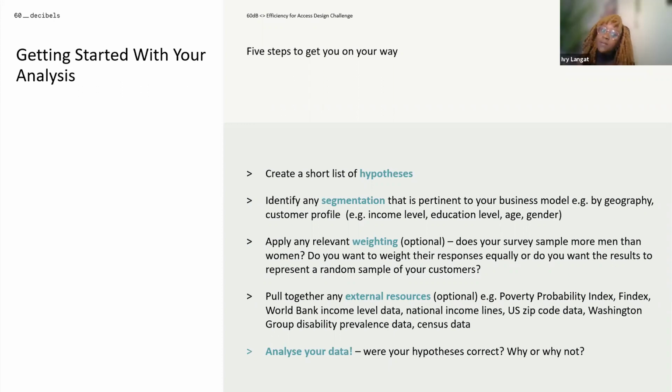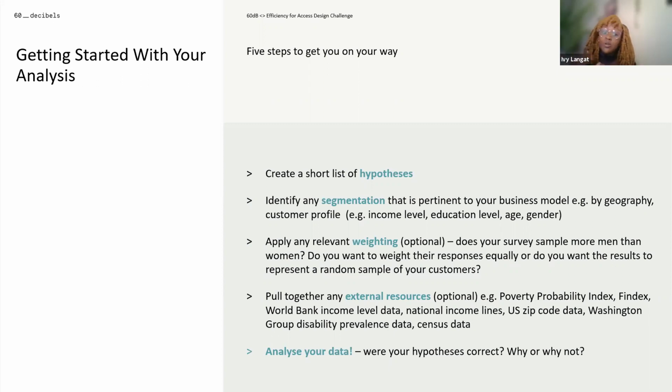Would you like to segment your data by certain data points, say like profile, either gender or age? What is important to you to learn from that data? Also, do you want to apply any weighting? So say, for example, you sampled more men than women. It might be relevant to weight your data so that it's representative of your entire population.